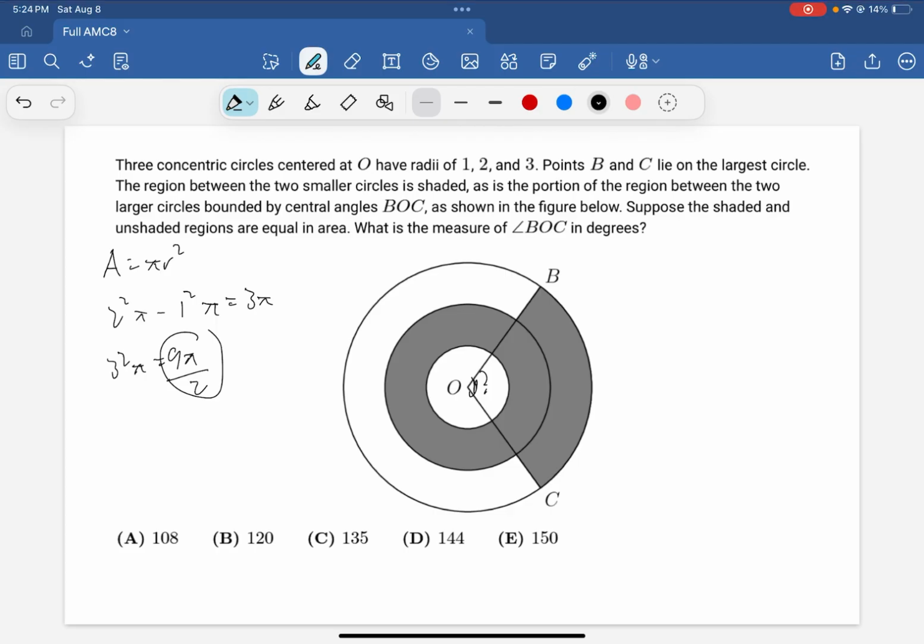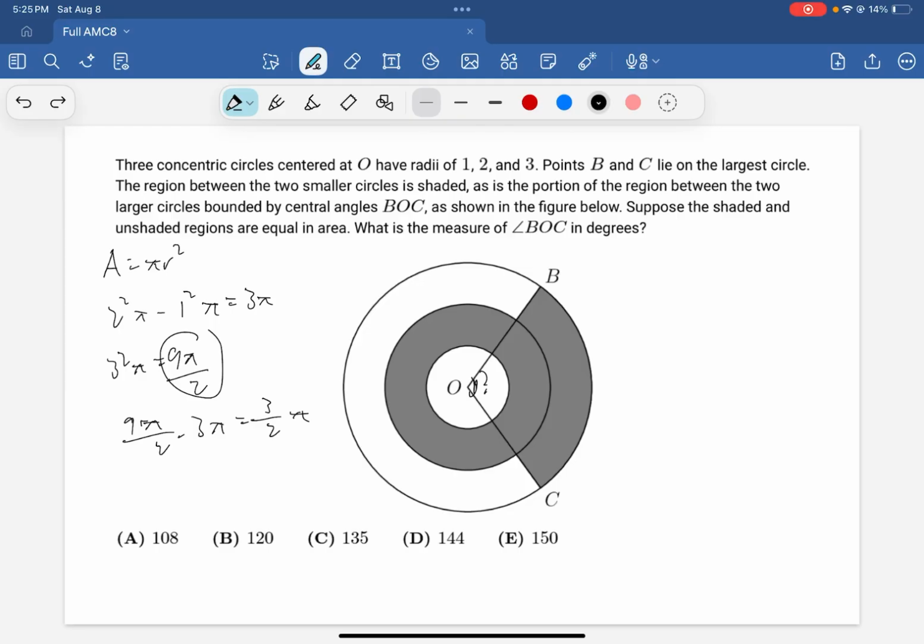And since 3 pi already makes up this region, then the difference, 9 pi over 2 minus 3 pi, is going to be the area of this outer region. So one way to write that is 3 over 2 pi.